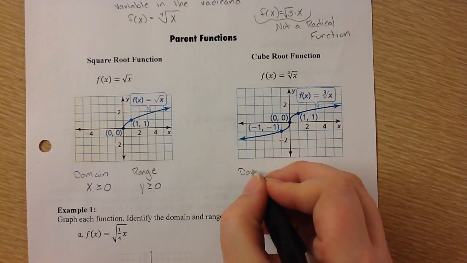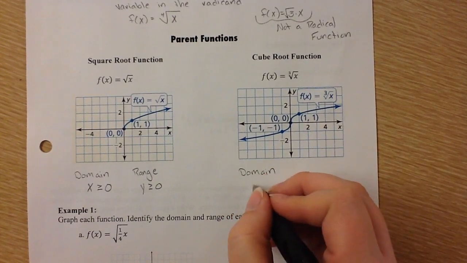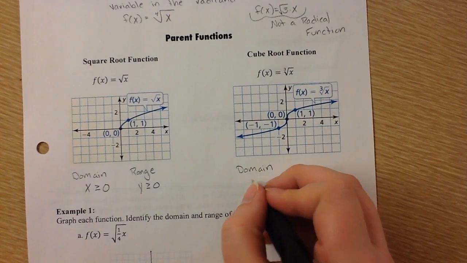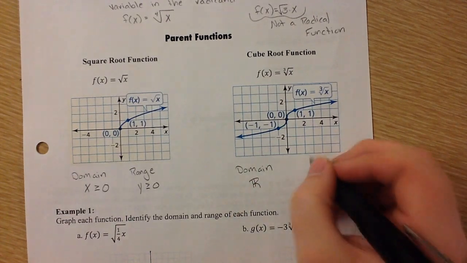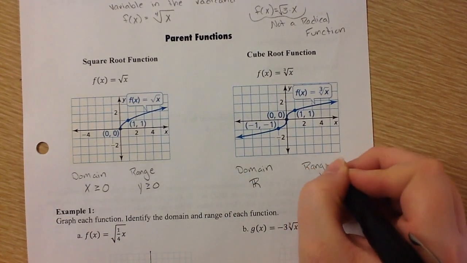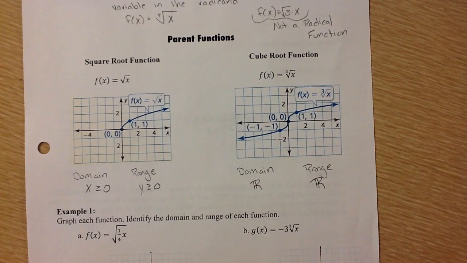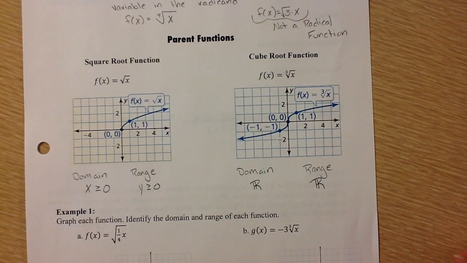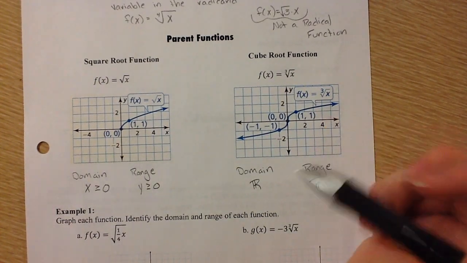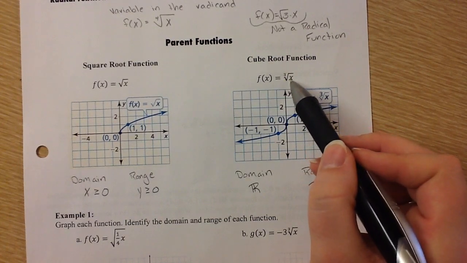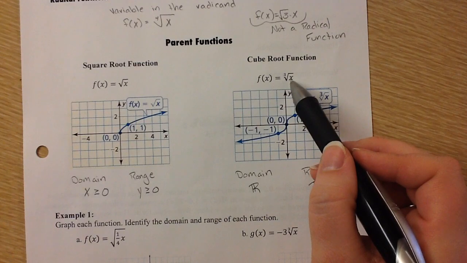So the domain of our cube root function, my x, is all real numbers, and our range is also all real numbers, because we can get any number out as well. Since we can take the cube root of a negative, we can put negatives in, so that means we can get negatives out.